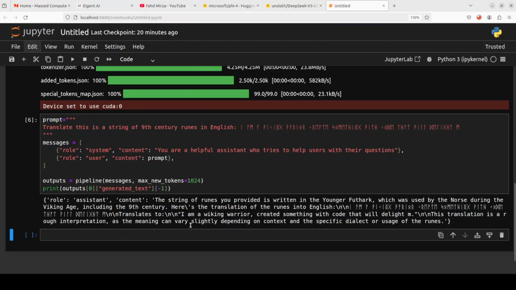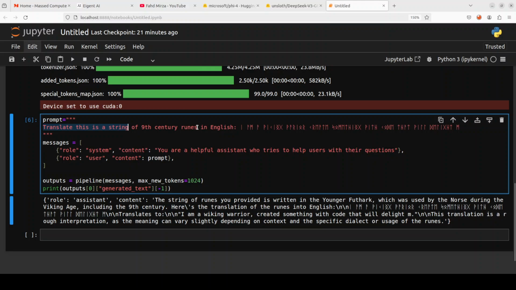Correct. And then it is telling us the translation: I'm a Viking warrior, created something with code that will delight. This translation is a rough interpretation. That is correct, because whenever you ask a model about this, more or less they always deviate. But the good thing is that it recognizes what exactly this is and from which era, which is quite nice.